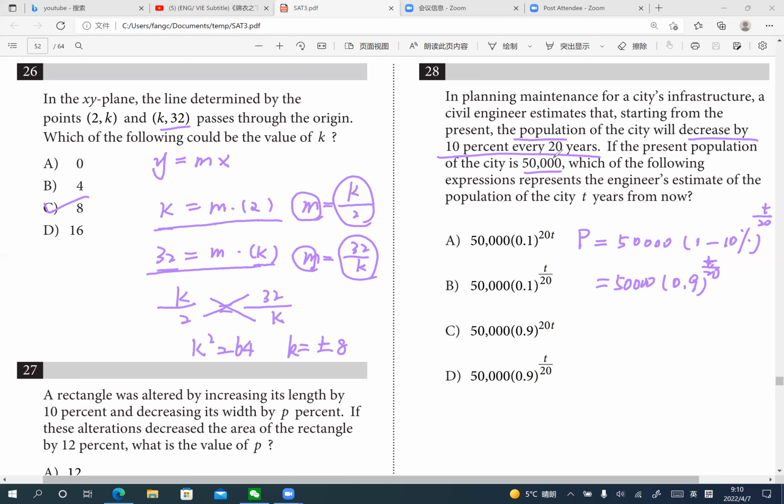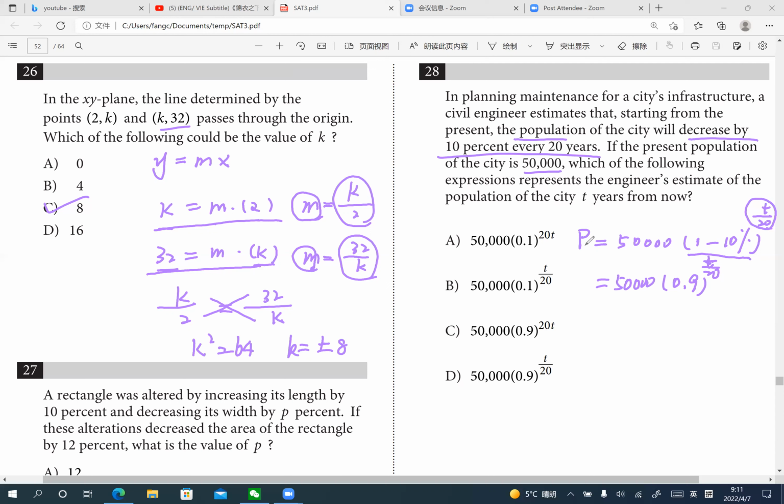the population will decrease 10% every 20 years. And we use t to represent the years from now. So we need to know how many 20 years are in t years, so we should use t divided by 20. And it decreases by 10%, which means 1 minus 10%.